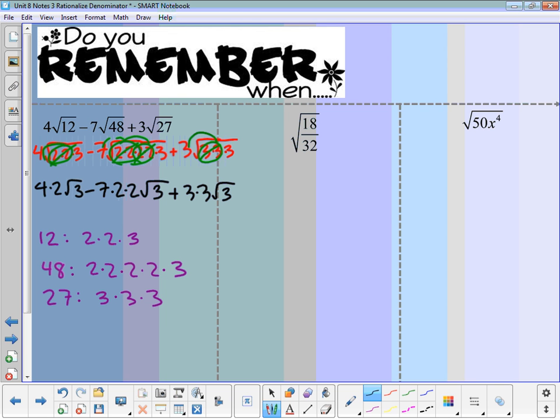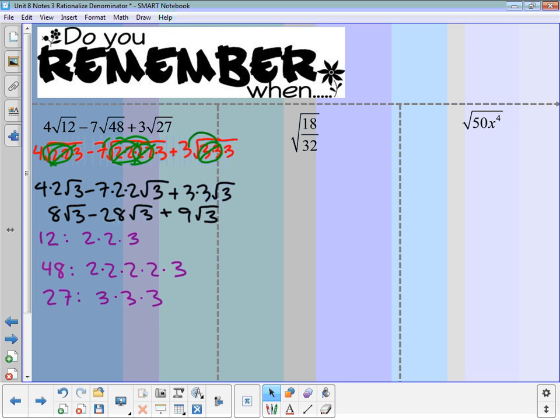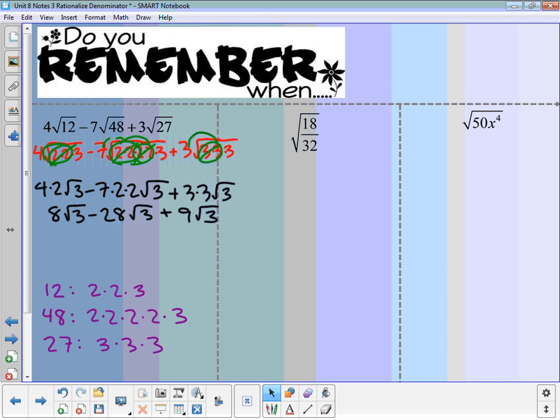Putting that all together, that's 8 root 3 minus 28 root 3 plus 9 root 3, and they're all like radicals. I can put them all together, so I'm going to go ahead and do that. 8 minus 28 plus 9 ends up giving me negative 11. So this is negative 11 square root 3.